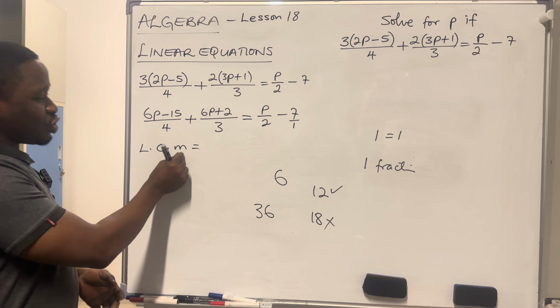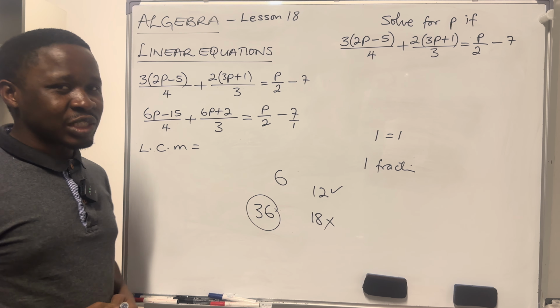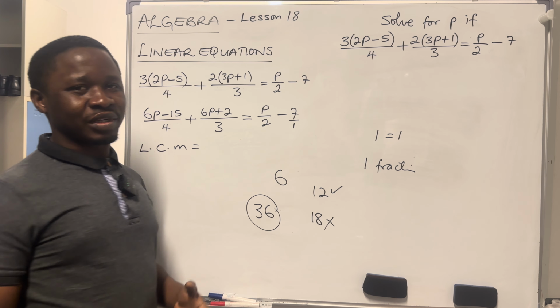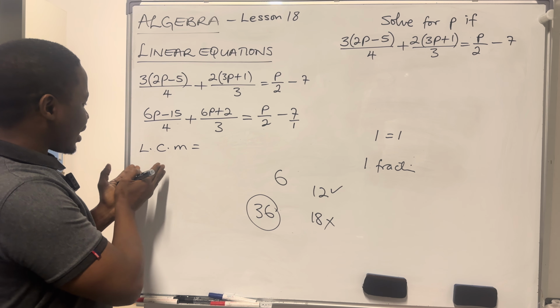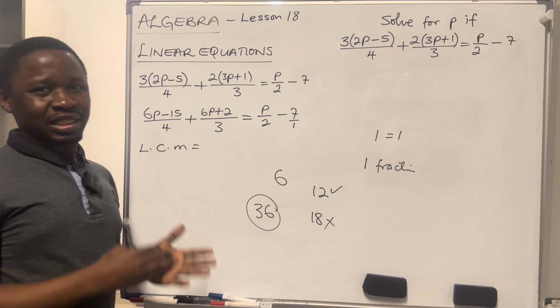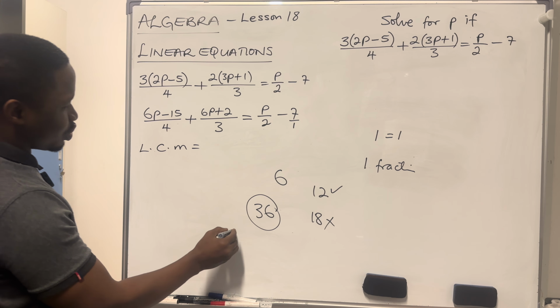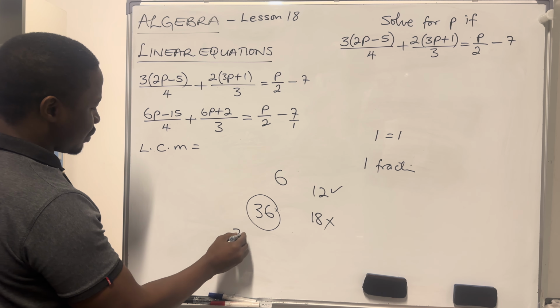The good thing here is if someone uses 36, the answer is going to be as accurate as the one that uses 12. The reason mathematics portrays the LCM as the lowest is that the lower the multiple, the easier you find it. But you can even choose to say, well, let me use 72.